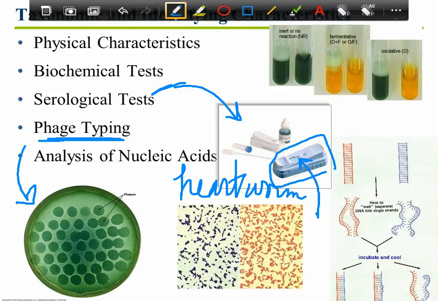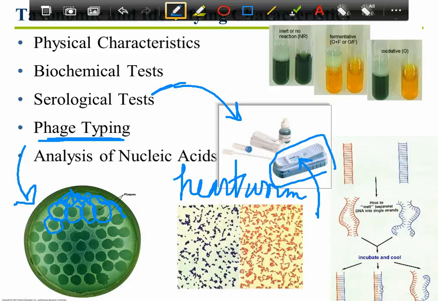And that's what you're looking at right here. There's a bacterium growing in the background in green, and these little openings right here are areas of destruction caused by a particular virus. So you use a known virus to infect the bacterium, and whichever type of virus infects the bacterium tells you something specific about the bacterium that you have.